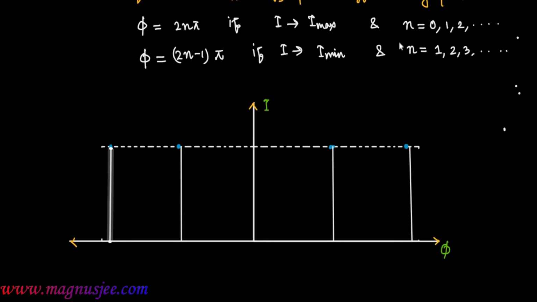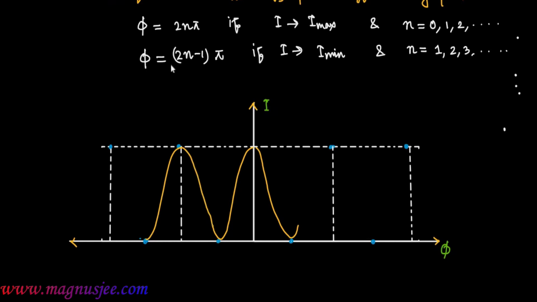These are the different values of phase difference at which the intensity of the resultant wave will become maximum. The intensity of the resultant wave will change following this curve, increasing and decreasing, and also on the left hand side the intensity changes following this curve.